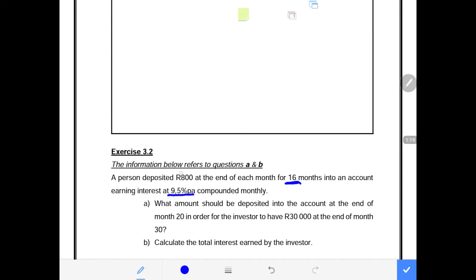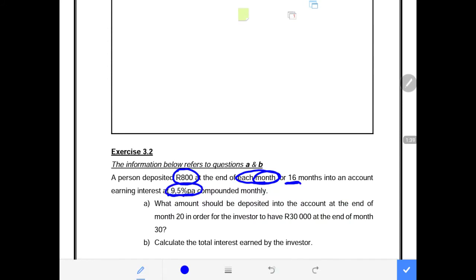So we are very clear that these amounts are the same, meaning it is a series of equal payments, and they are made on a regular interval, meaning in each and every month at the same interest rate, which is 9.5% per annum compounded monthly.